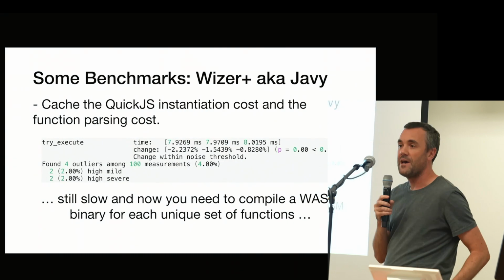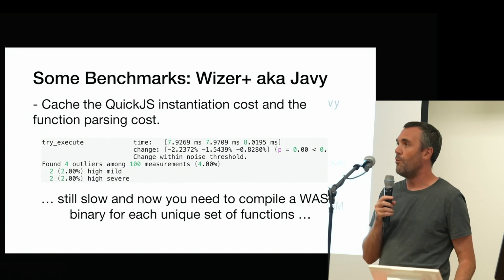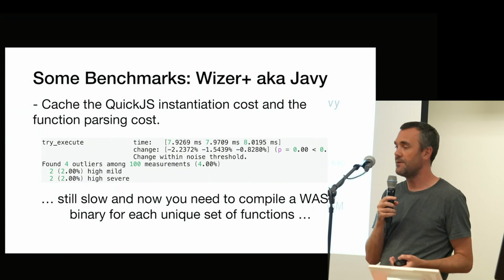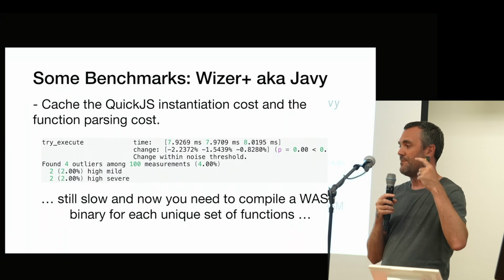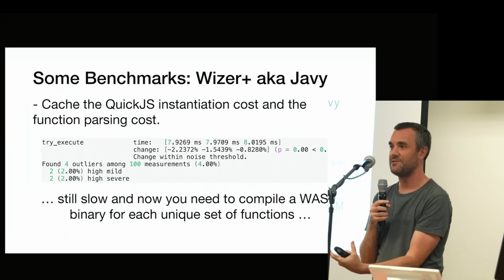Then we look at what's happening with Shopify. Basically, what they've done is they've built with this thing called Javy, which is the name of this plugin thing. They've built a way to basically compile in the function that you've given into that same instantiation cost.